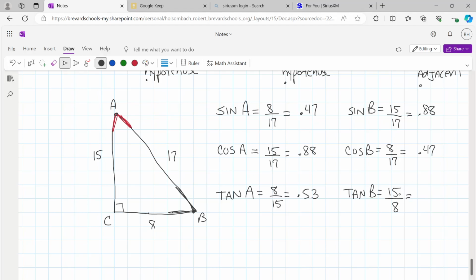And the tangent doesn't correlate, so we're just going to take 15 and divide it by 8, and we get 1.88. Everybody okay with that?